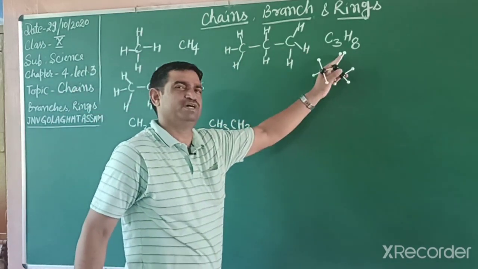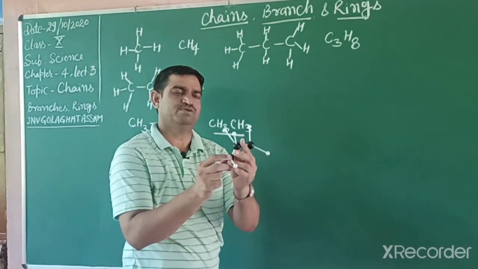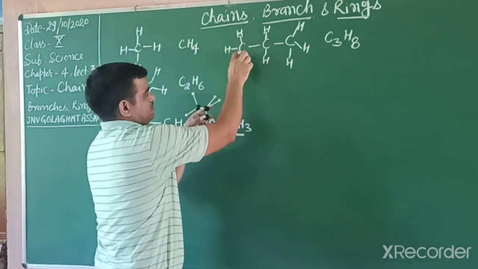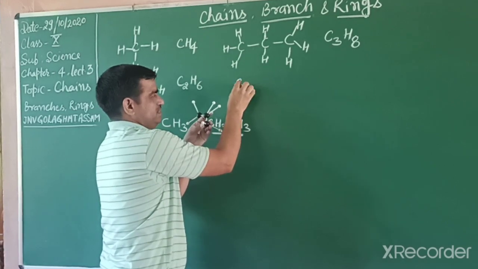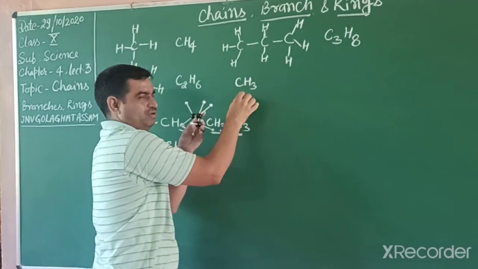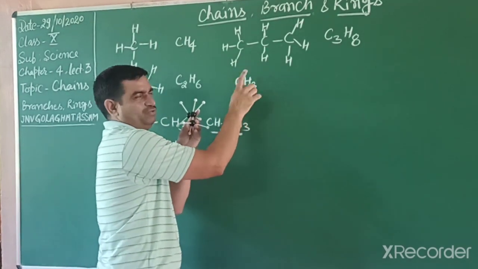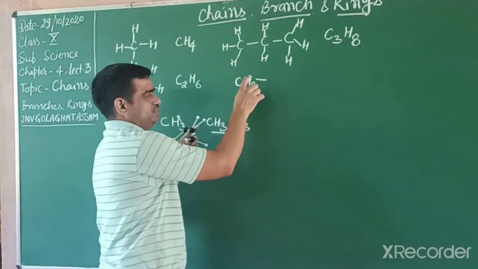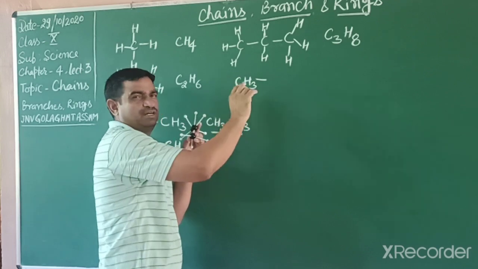This is one molecular formula. Now we write its condensed form. Condensed form, this CH3 we can write CH3 or H3C. You can write on both sides. Then a single bond. This is not a dash, it's pronounced single bond.